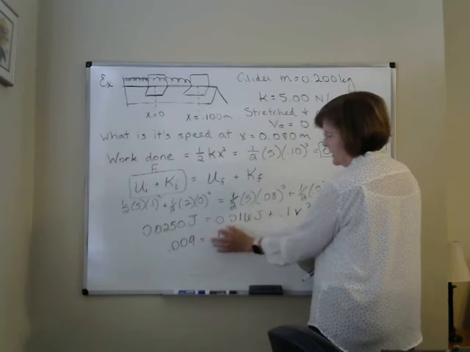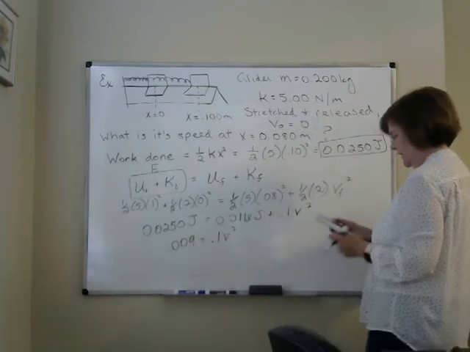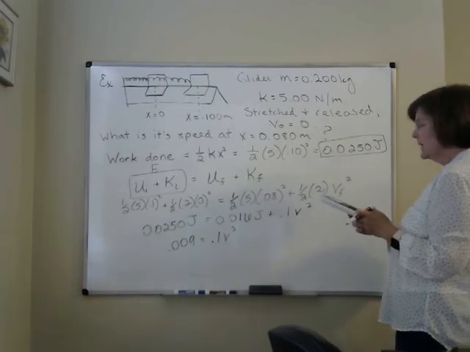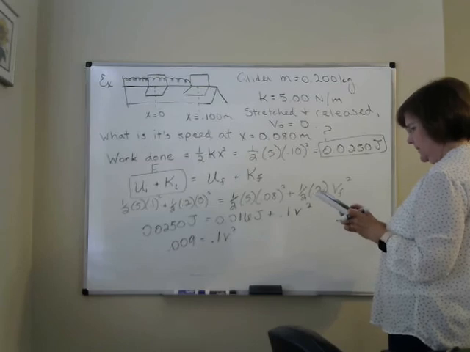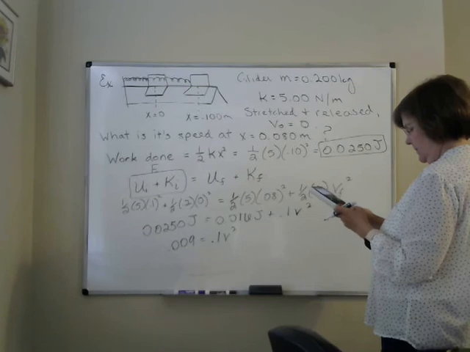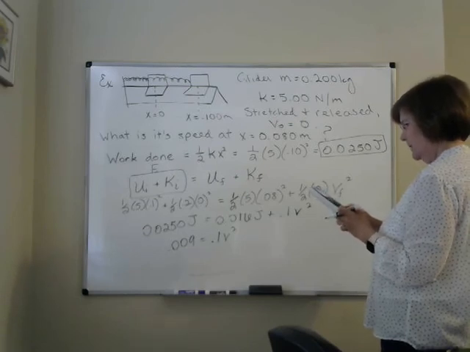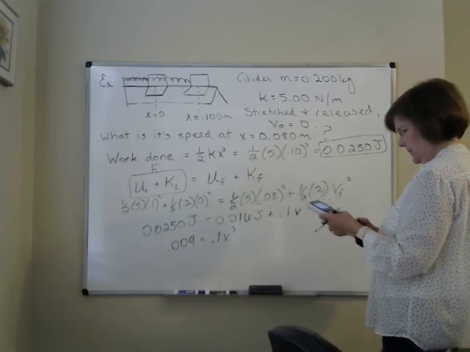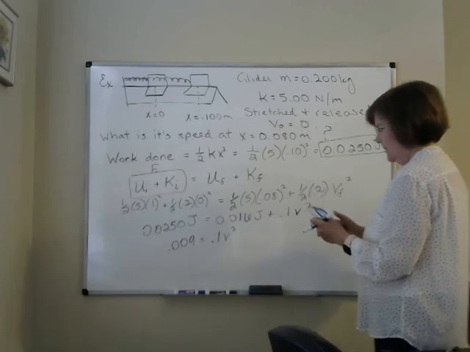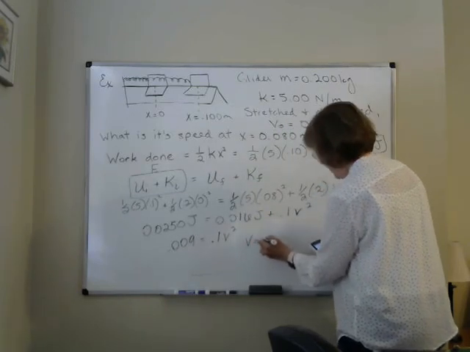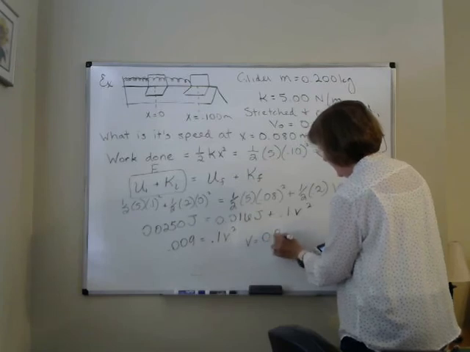It makes sense my kinetic has to be the 0.009. If I finish solving, 0.009 divided by 0.1. Whoops, typed something in funny. 0.009 divided by 0.1. Take a square root. And I get that v equals 0.3 meters per second.